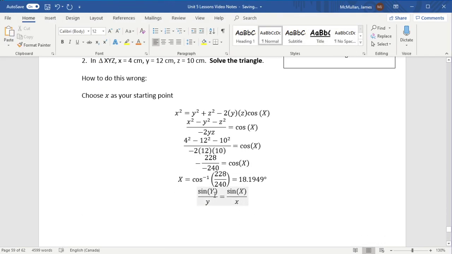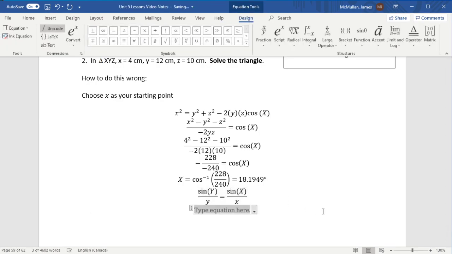Okay, so no problem, right? Sine y over y is equal to sine x over x. We fill this out. Sine y would be equal to y, which is 12, times sine of 18.1949, all divided by 4. Okay, pretty easy.